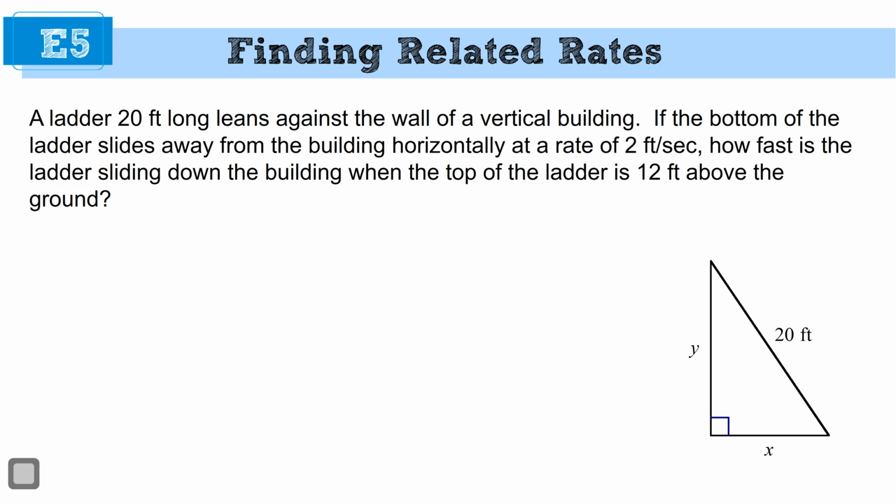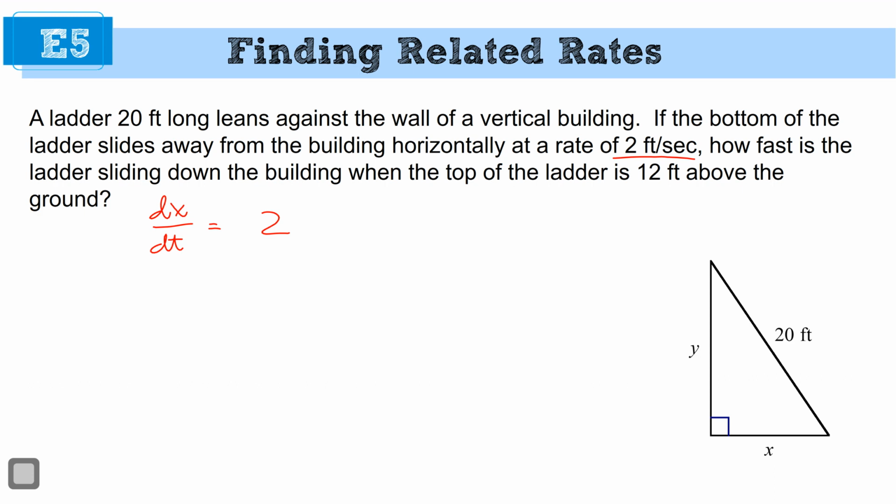Step two, what do I know? How is 2 feet per second interpreted mathematically? dx/dt is equal to 2. Is that a positive or a negative value? Is x getting bigger or smaller as the ladder falls?